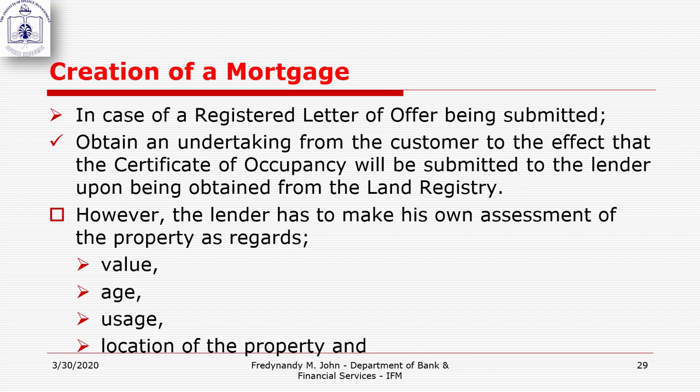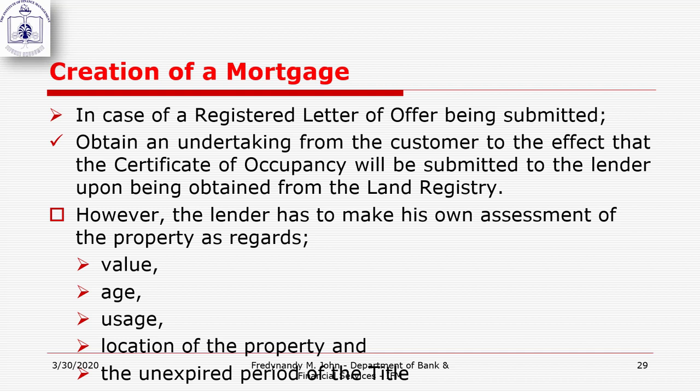Remember, attributes of security: good title, marketability, and value. Therefore, it's very, very important for the lender to ascertain these aspects regarding the property that is about to be mortgaged: value, age, usage, location, and last, the unexpired period of the title.